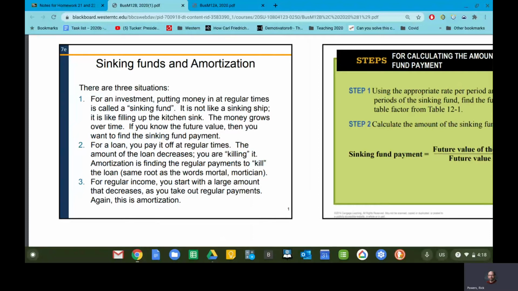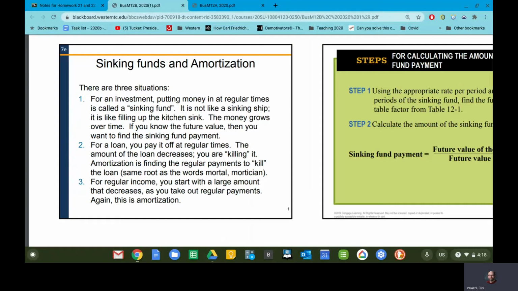So the sinking fund is a fund that grows just like putting the water into the kitchen sink. If you know what the future value is, you want to find the amount of payment that goes in regularly, then that is finding a sinking fund payment.